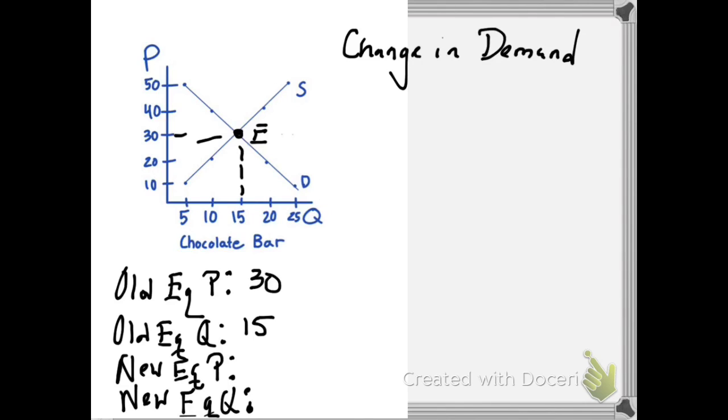Now let's say a substitute for chocolate bars, let's say gum, for example, the price of that increases. So the demand for chocolate bars increases as well, because people are more likely to buy chocolate bars now that the price of gum has increased. Meaning that the line would go here, increasing.